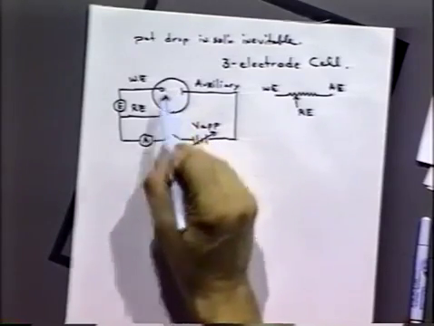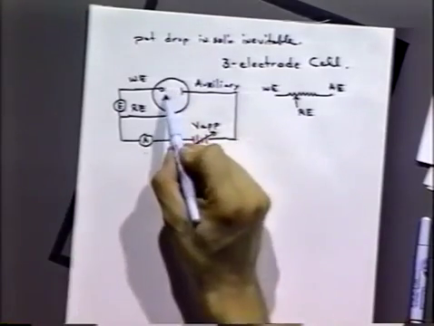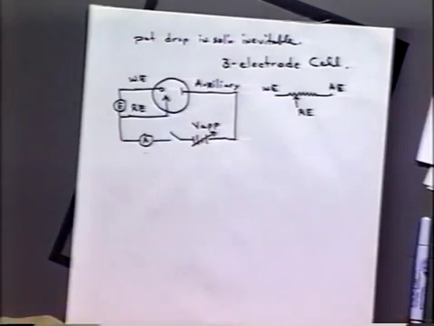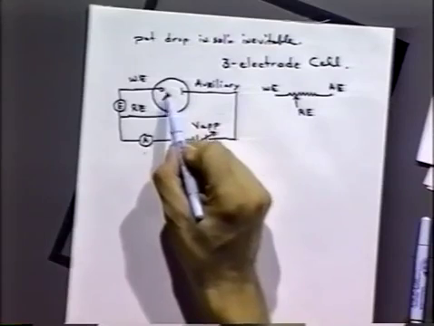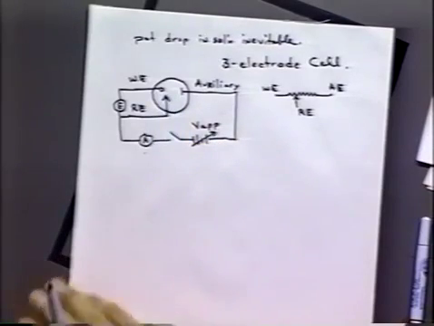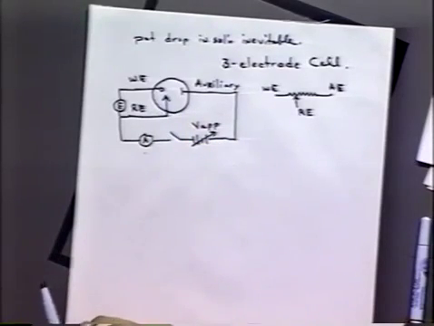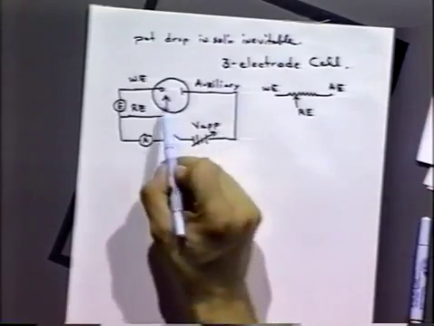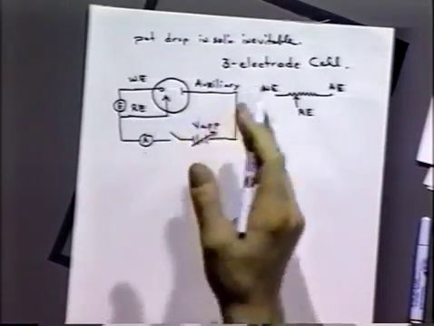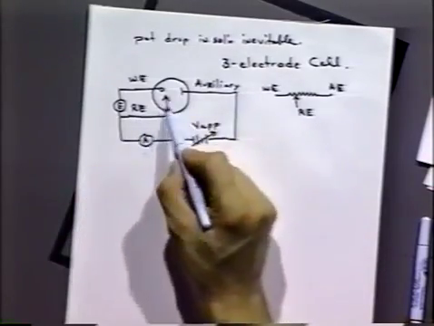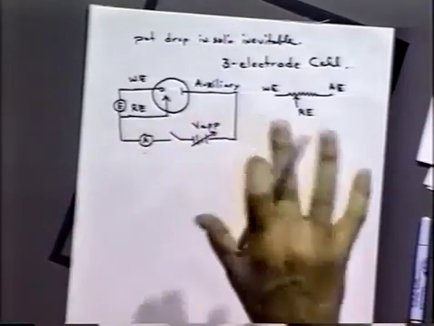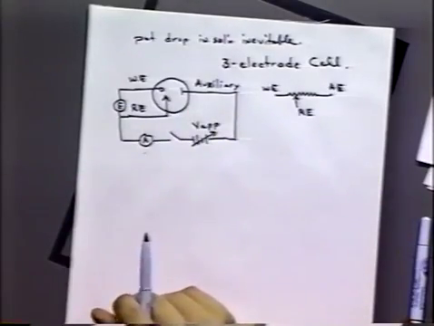Some of that voltage gets dropped as IR drop, but we can actually measure the solution by the reference electrode and see whether we've got that 1 volt actually at the electrode surface. And so if there is not 1 volt at the electrode surface as measured by the reference electrode, we can adjust the auxiliary electrode potential until it is.